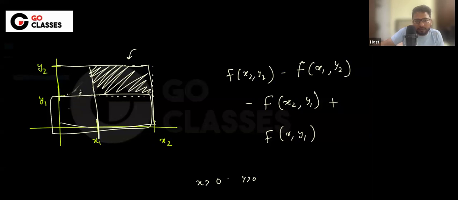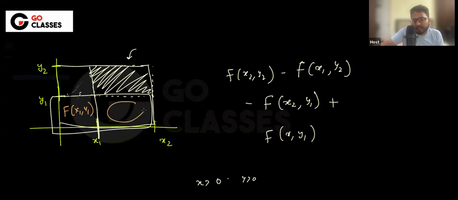Just tell me only this area. This is F of x1, y1. Is this fine to everyone? Only this area is easy to get using the CDF.